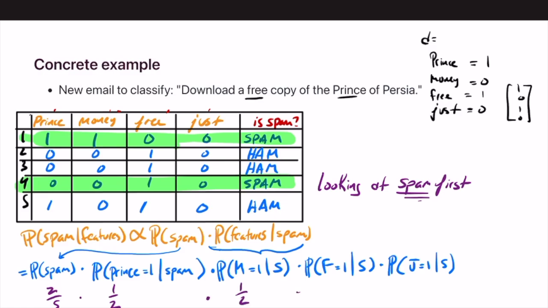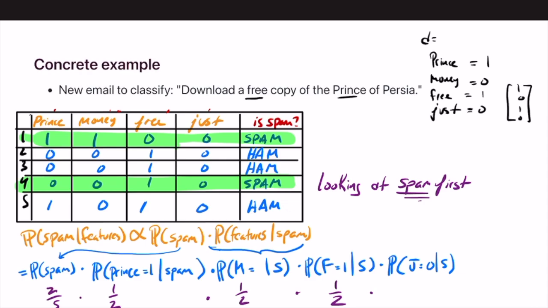Times 1/2 times, this is also 1/2, and I wrote that wrong actually. This should be equal to 0. And money is equal to 0 as well. I wrote that wrong as well.